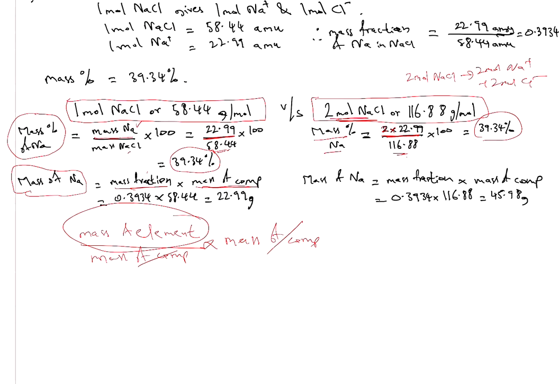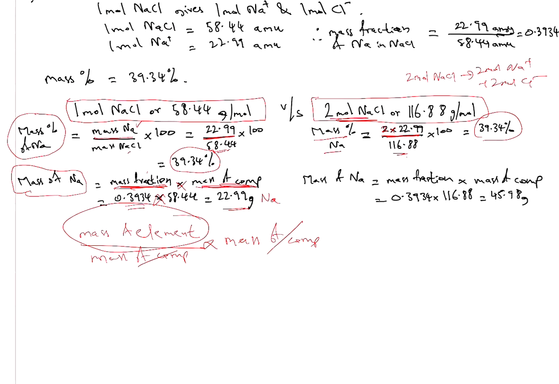So therefore mass of any of the element which is a component of the compound will be mass fraction of that element multiplied by the mass of the compound. In our case, the mass fraction was 0.3934, and multiplied by the mass of the compound was 58.44, giving you 22.99 grams of sodium in the first case.